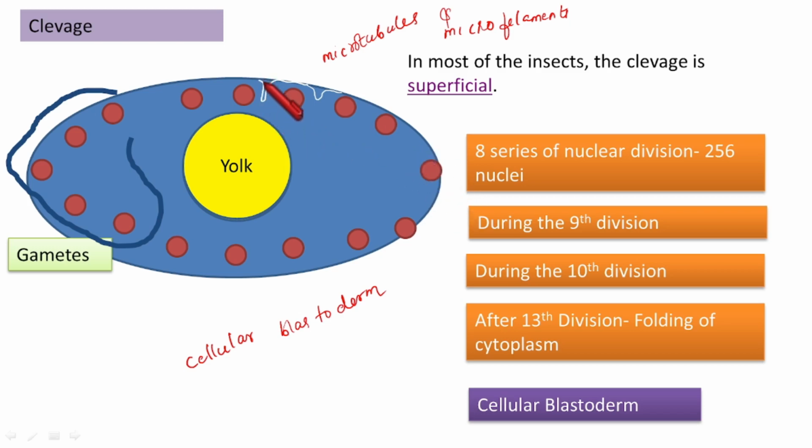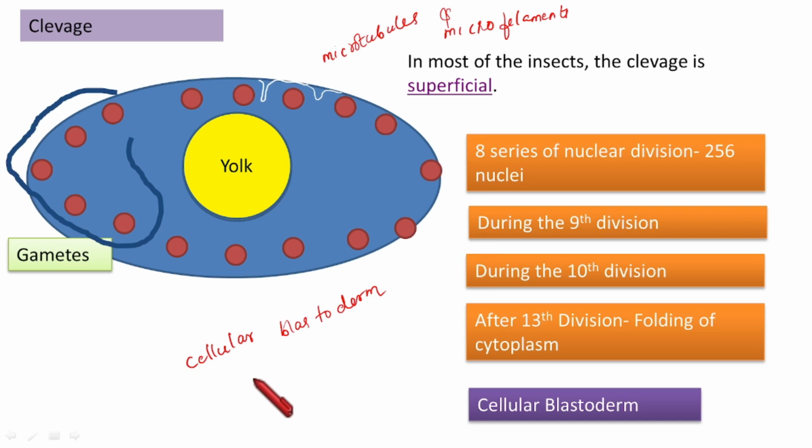Then how is this invagination of the furrows, meaning invagination of the plasma membrane, happening? It happens with the help of microtubules and microfilaments that first come and assemble near each nucleus. Because of their action, that constriction, that furrowing of the plasma membrane occurs.